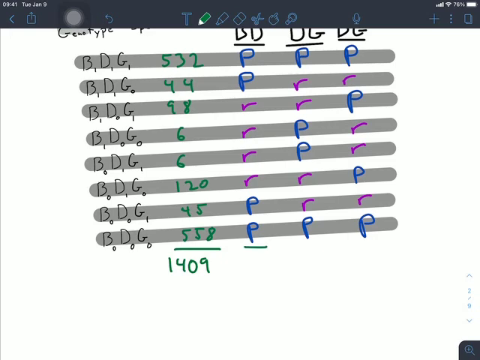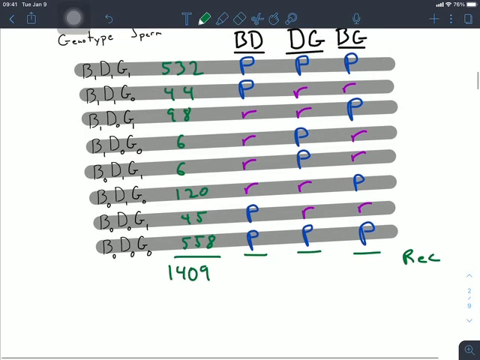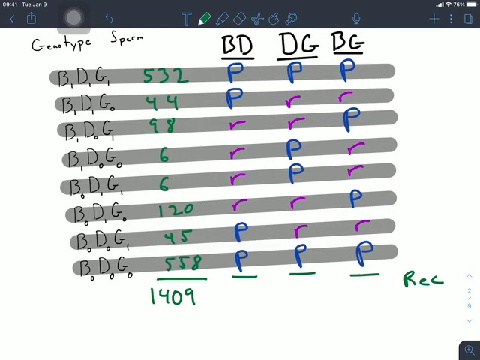Now we're going to create a sum for each of our recombinants. How many recombinants between B and D do we have? Well, in order to do that, we're going to sum together these 4 values, 98, 6, 6, and 120. And do make sure you double check your math because I definitely just messed up. You may have noticed the pause in the video here, slightly different frame.